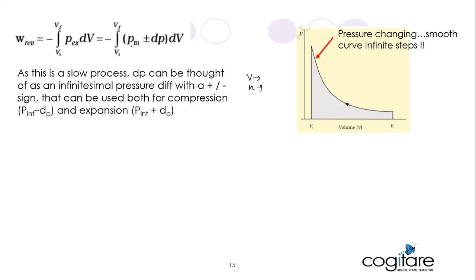Then if it is an ideal gas, at that particular pressure and temperature behaving as an ideal gas, I can use PV equals nRT. That means I can use the ideal gas equation and I can get the internal pressure of the gas in terms of certain constants.